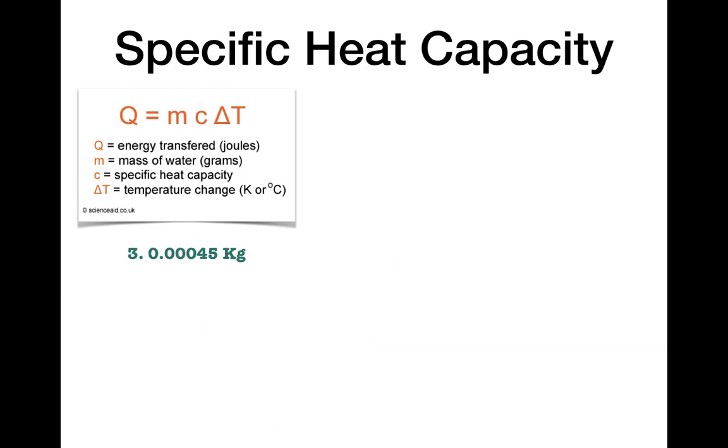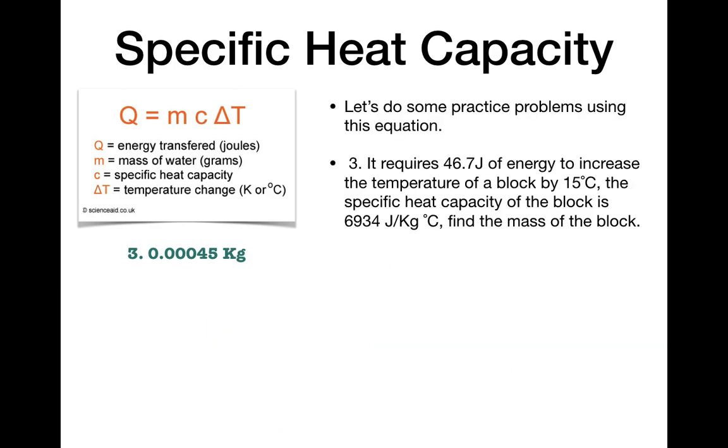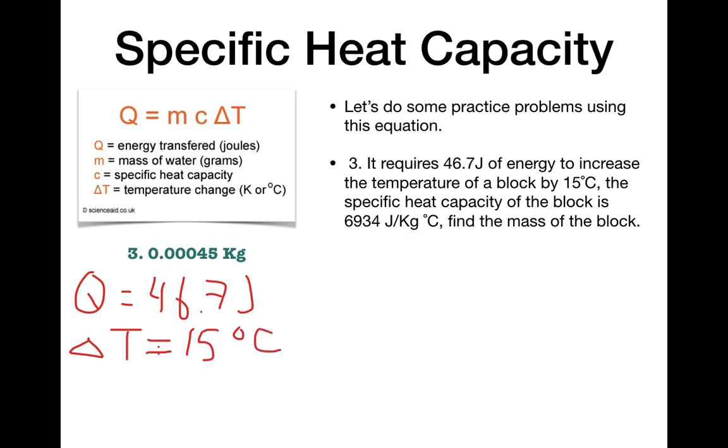Okay, number 3. I have the energy given, so my Q is 46.7 joules. My delta T is 15 degrees Celsius. My specific heat capacity is 6,934 joules per kilogram degrees Celsius.